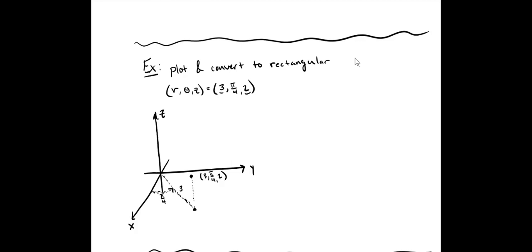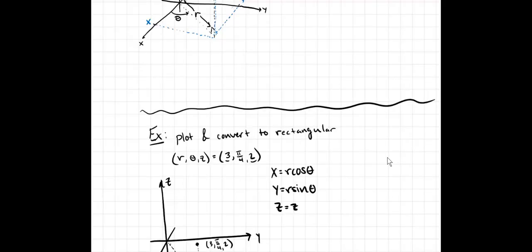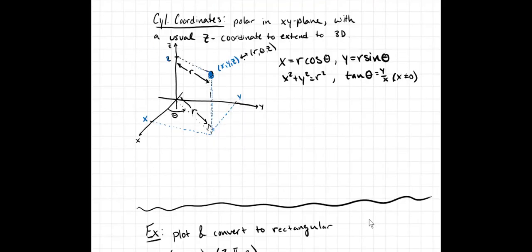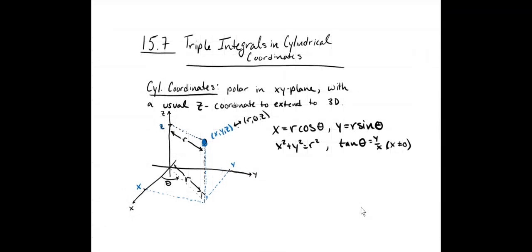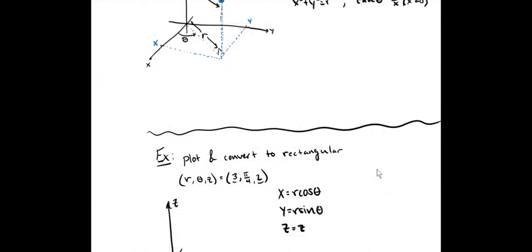Now if we want to convert this to rectangular, this is very easy because we have given formulas for this, right? z equals z. Did I write that before? Yeah, we should specify. I said what x and y are up here. z is just z. z is what z's always been. Sorry about that.